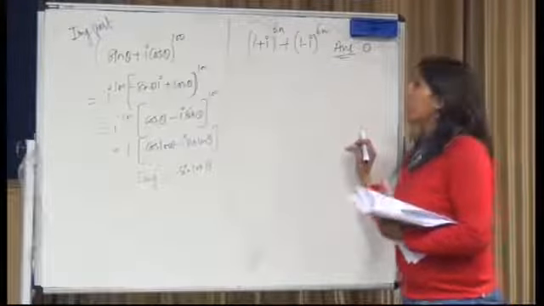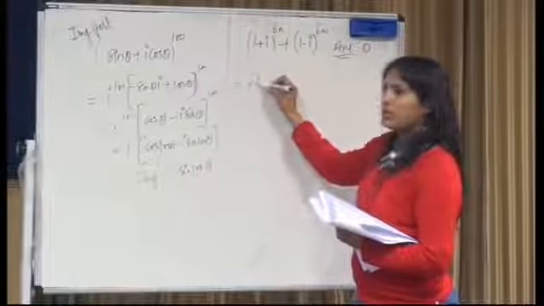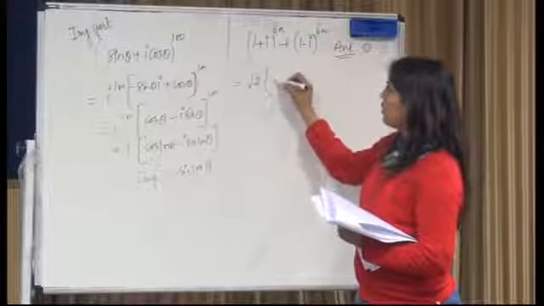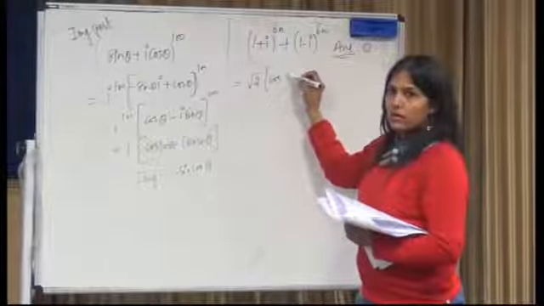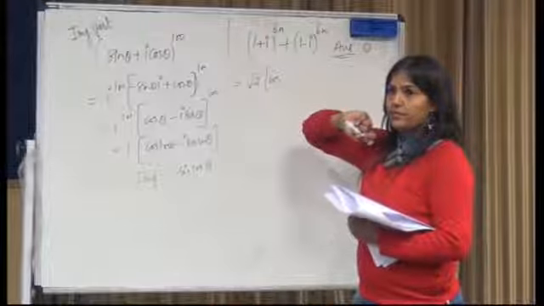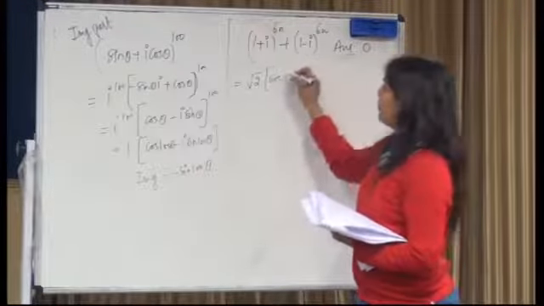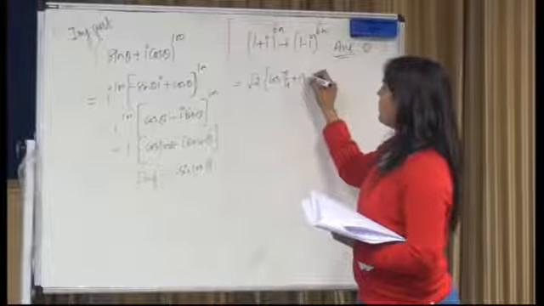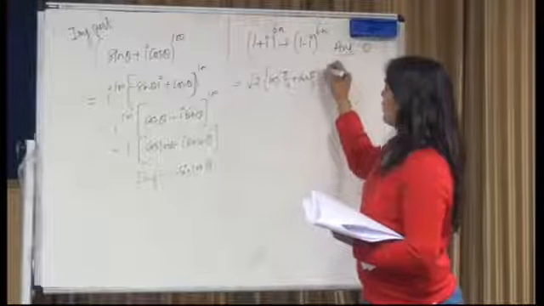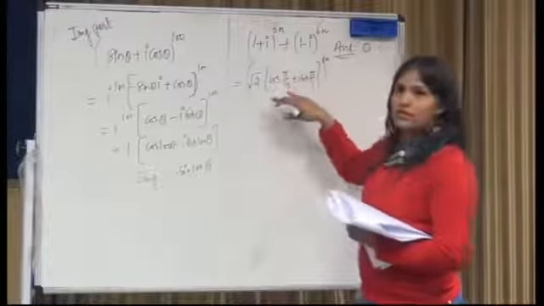You can easily do 1 plus iota, you can write it as root 2, and then cos pi by 4, then iota sin pi by 4 to the power 6n. Easily you can take this 6n inside.